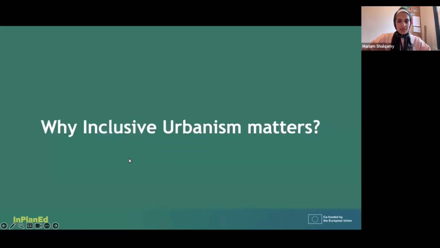Now, we have to ask ourselves this question: why does inclusive urbanism matter so much? It is crucial for addressing inequalities in cities, improving the quality of life for marginalized and vulnerable groups, and also for fostering social cohesion. Economically, inclusive cities can lead to greater innovation, productivity, and sustainability.